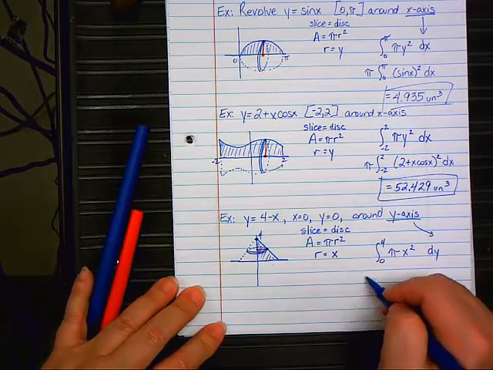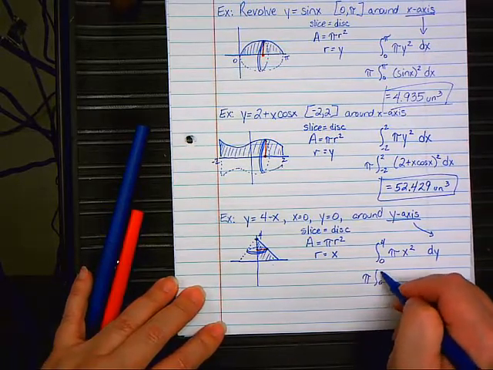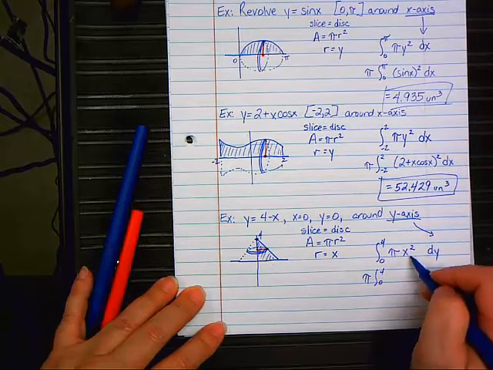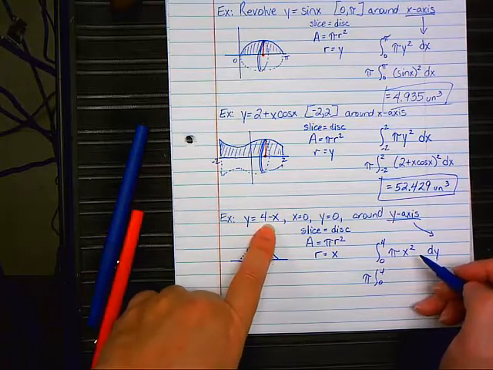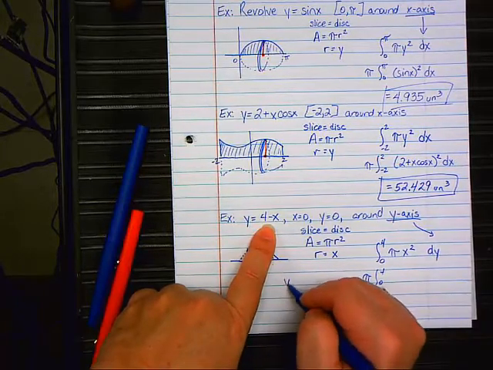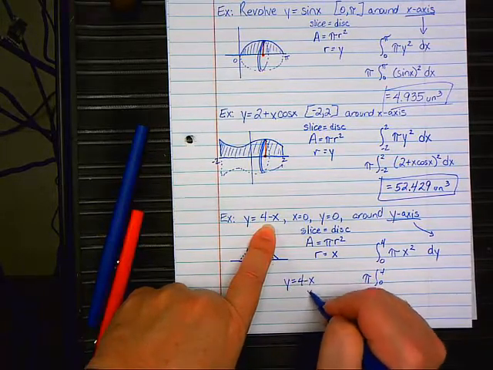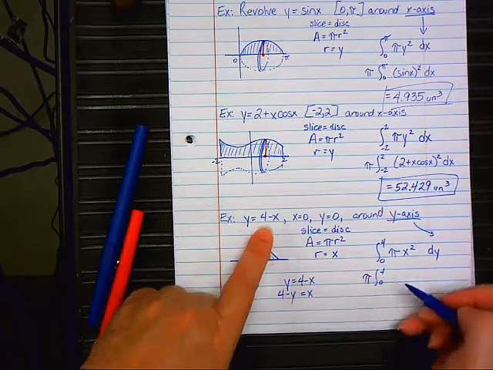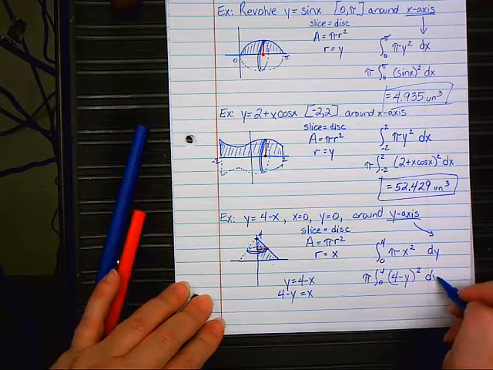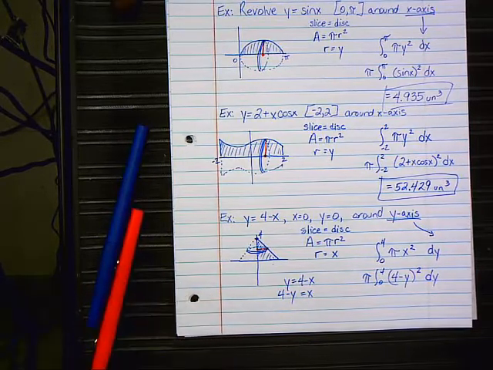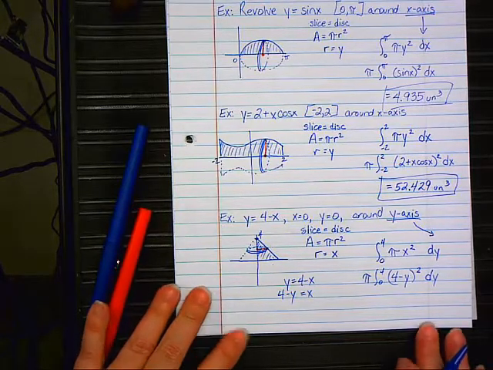All right, so pull the pi out. 0 to 4. How am I going to change x to y? Right here. So y equals 4 minus x, so x equals 4 minus y. So it's 4 minus y, the quantity squared, dy. When you type that in the calculator, you can type it in as y's or you can type it in as x's, and you'll get the same answer.